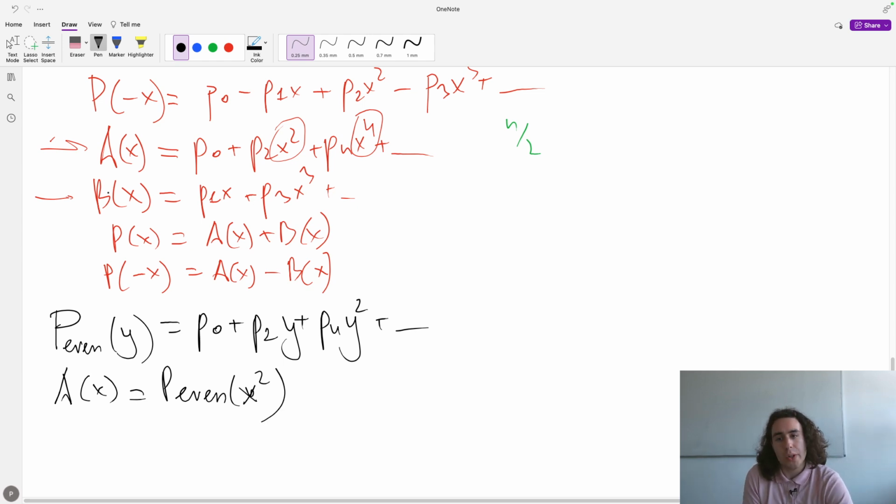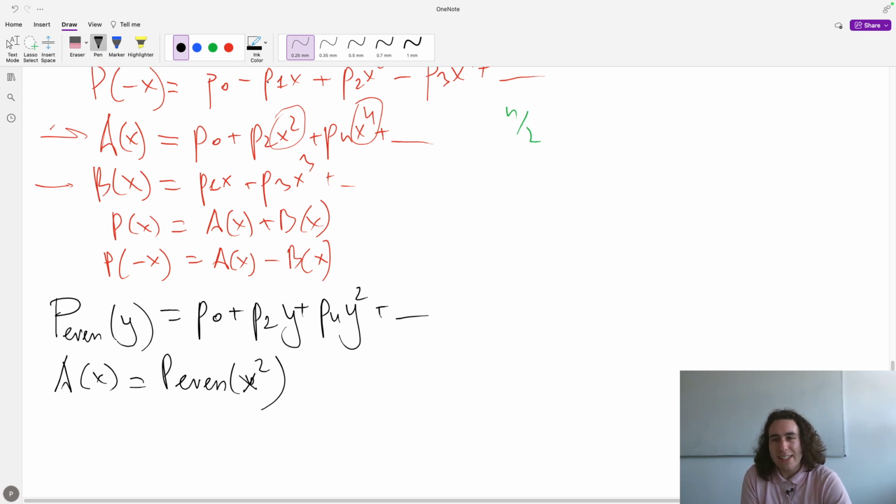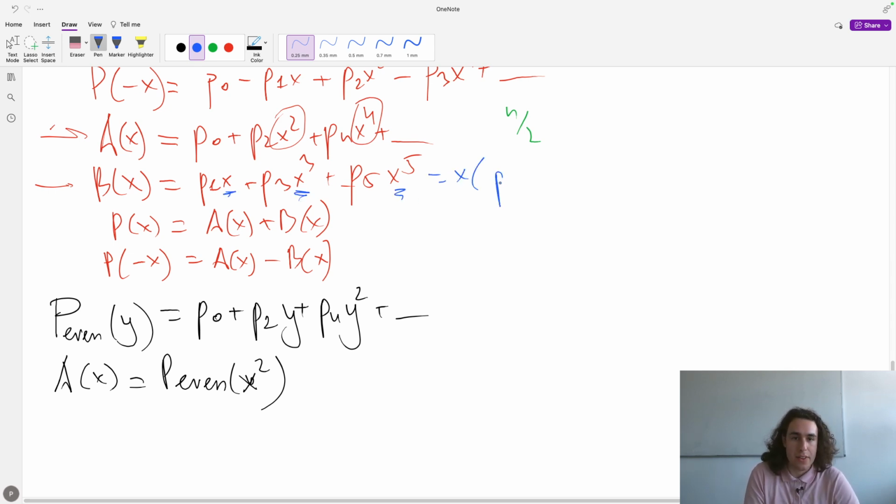We can do the same trick with b, just slightly different, right? These powers are not, let's write one more term, so it's going to be p5 x to the 5. These powers are not even, so we can't just take it out, but you can see that everything is divisible by x. So if we take x out, then we'll have the same thing. So it's p1 plus p3x squared plus p5x to the 4 and so on.